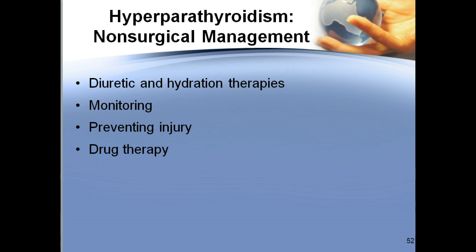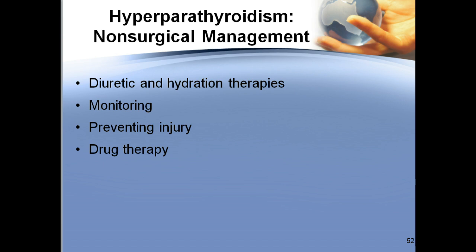You're going to do cardiac monitoring because, like we talked about, the EKG changes when you have changes in calcium levels. You're going to prevent injury because if a patient has chronic hyperparathyroidism, there may be significant bone density loss, and that would put a person at risk for pathological fractures.